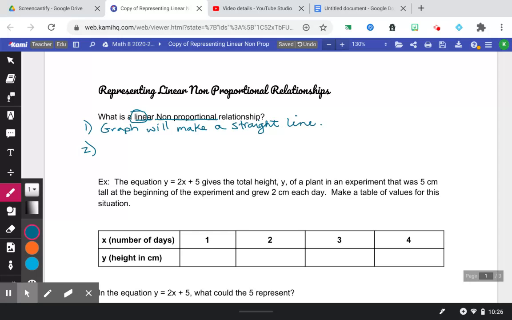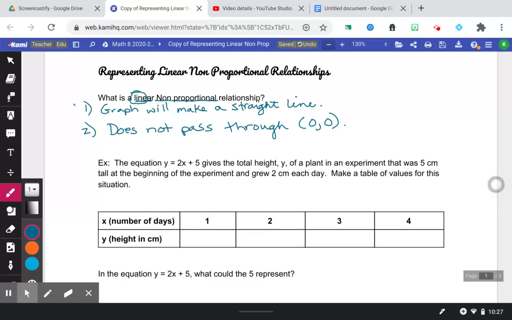So a non-proportional relationship makes a straight line, but this time it will not go through 0, 0. It does not pass through the origin. So that is a linear non-proportional relationship.